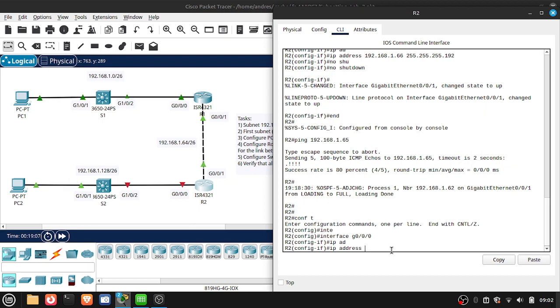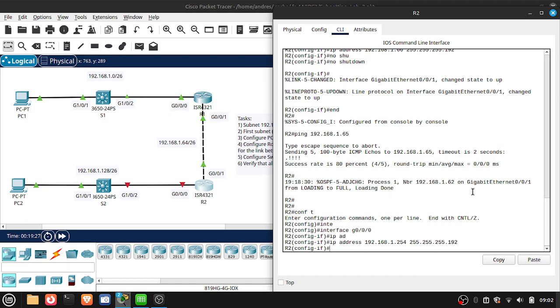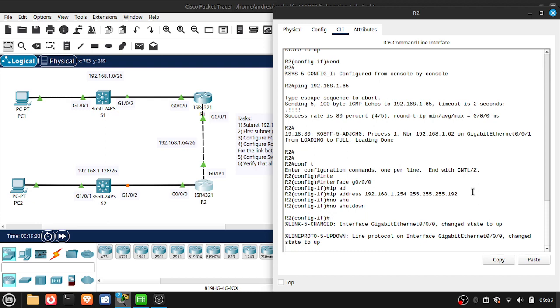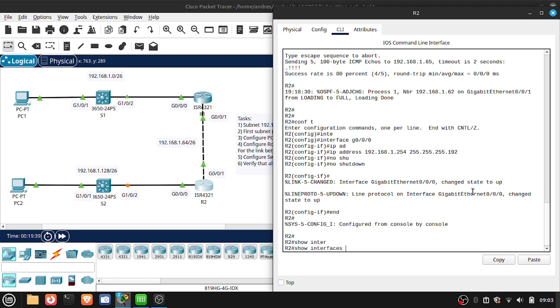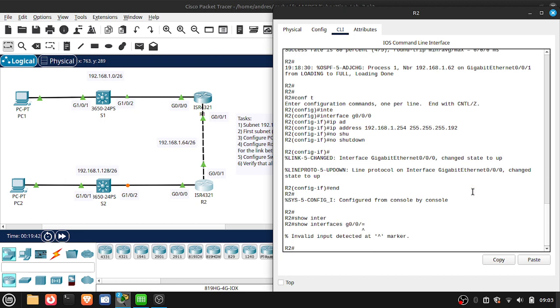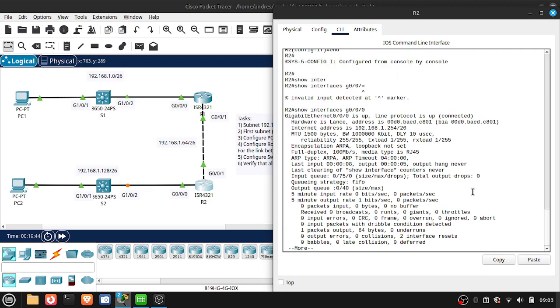So one minute, that is going to be 192.168.1.254, 255.255.255.192. No. Yes, it's 192. Slash 26. And now no shutdown. That's it. We can confirm with show interface gigabit 0/0. Slash 26. Yes, we can.